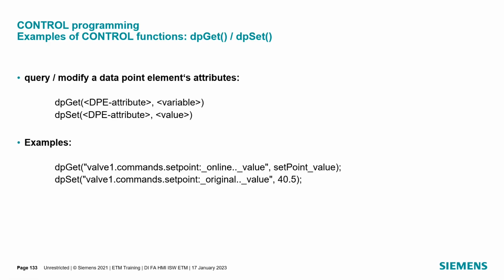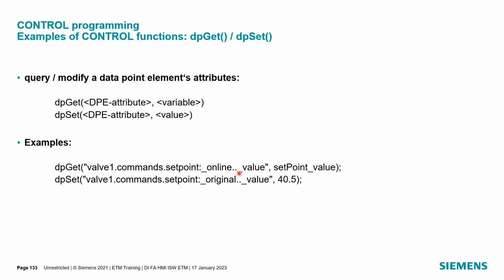Good. To modify or to query data point element attributes, we have a dpGet or a dpSet. So the dpGet to query information from a data point element and store it in a variable, or a dpSet to simply set a value to a data point element. So for example, let's do a dpGet, then we define again the data point element address string.